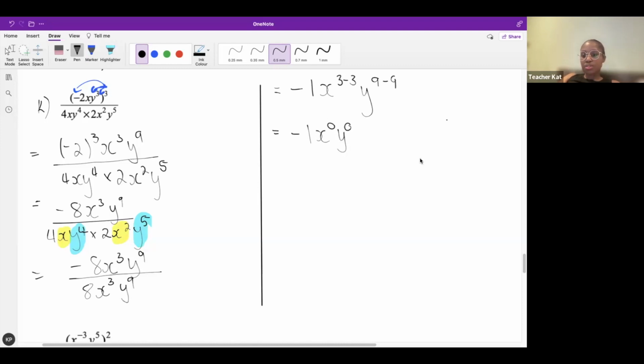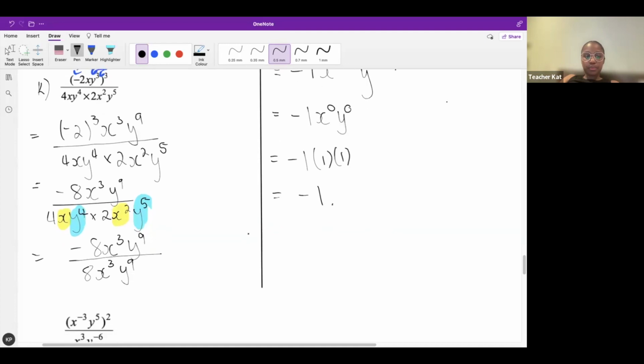Both of those powers to the 0 will give me what? 1. So it's negative 1 times 1 times 1. So then my final answer, negative 1. So simple, guys. Can you imagine this whole complicated sum just goes down to negative 1? Impressive. Beautiful sum.